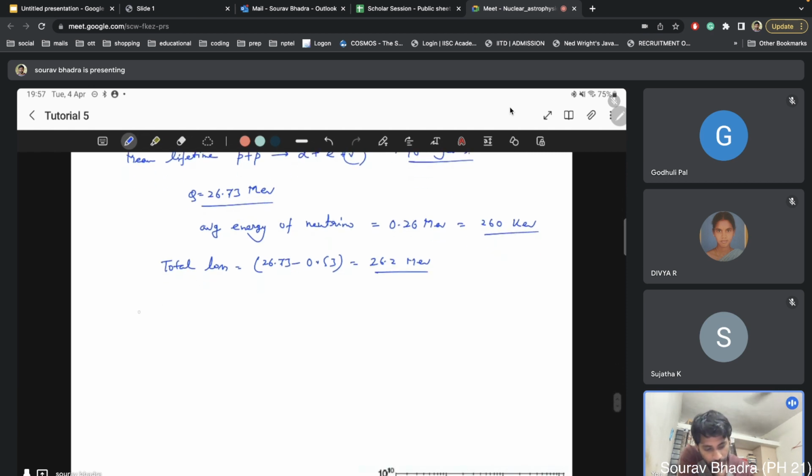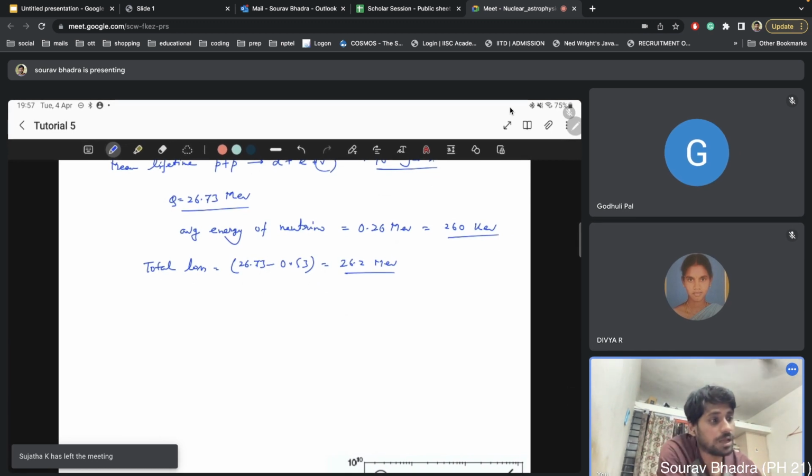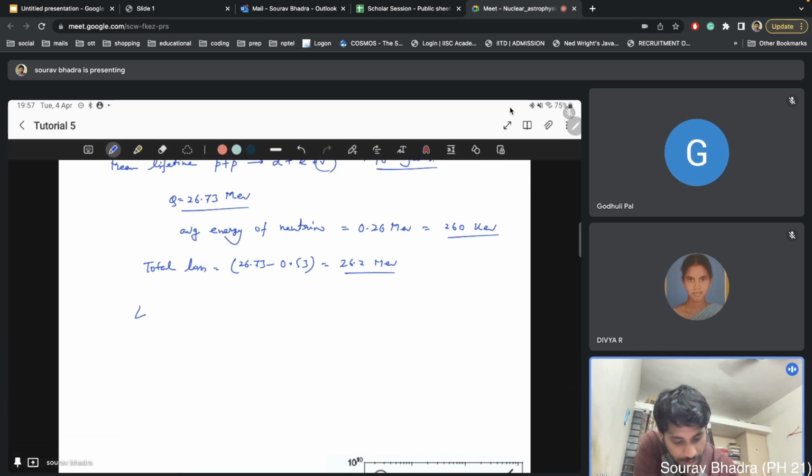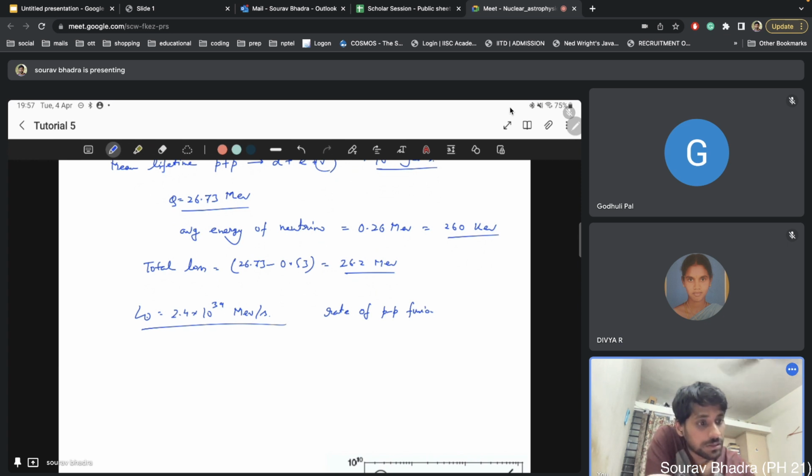And the luminosity of the sun is actually 2.4 times 10 to the power 39 MeV per second. Now, if you calculate the rate of PP fusion, the rate N is L by 26.2 MeV, because in every reaction 26.2 MeV energy is liberated, and you have a total energy contribution of 2.4 times 10 to the power 39.